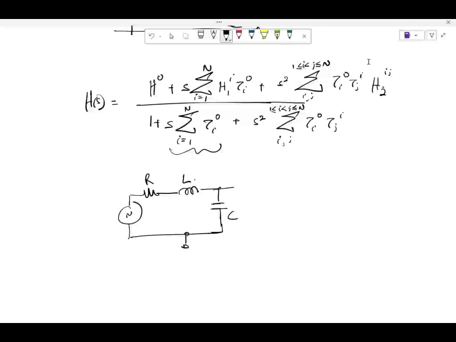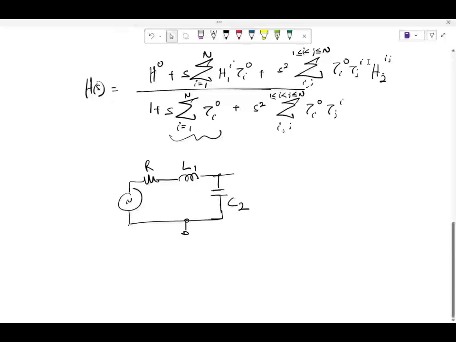I call this L1, I call this C2, just to make sure that indices are taken care of. So if I want to find out, n equals how much? 2. Okay. So I should have tau 1,0 and tau 2,0, right?